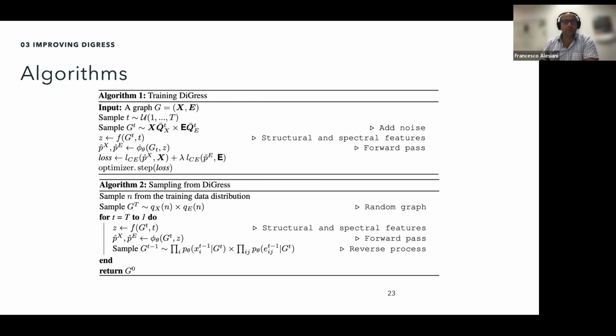What do you think will happen to your model if you go in that direction? Of course, you lose the discrete property. If you look at the GGSS paper, for example, they do continuous diffusion and thresholding to recover the graphs, this kind of thing.